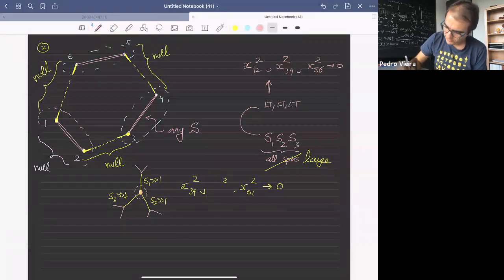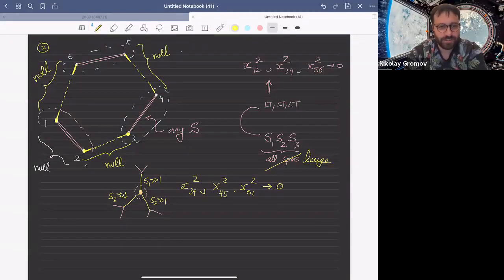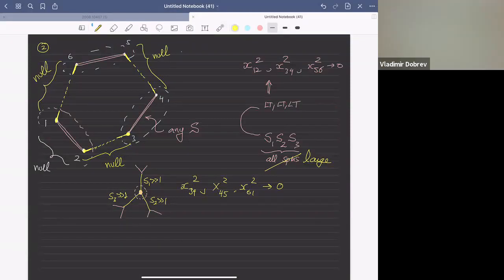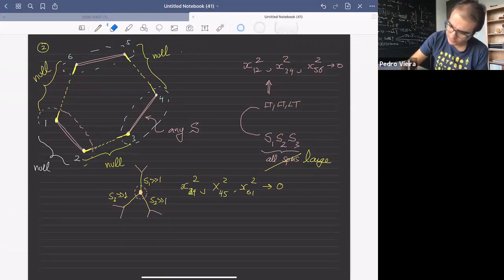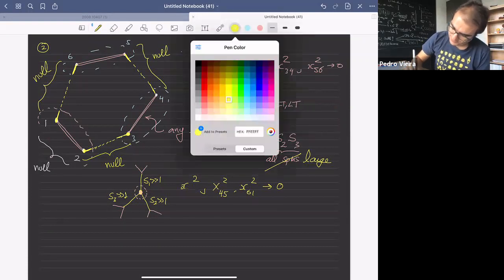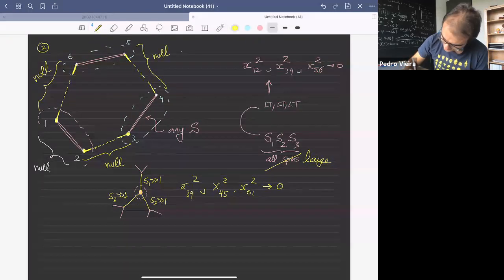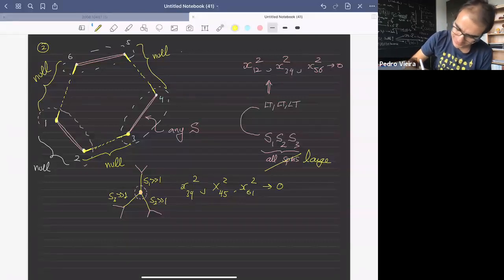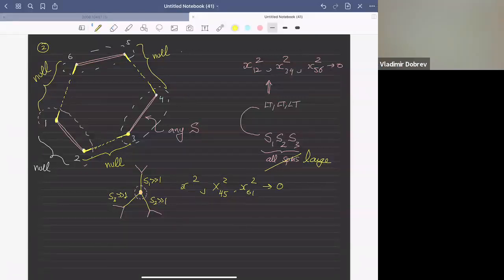Right? 5, 6 is not what is in the picture, right? In the picture, it's 4, 5, right? 3, 4 is also not the one. 2, 3. Then it should be 2, 3. Yeah, there were 2 typos. Sorry. Yeah, and then 2, 3.